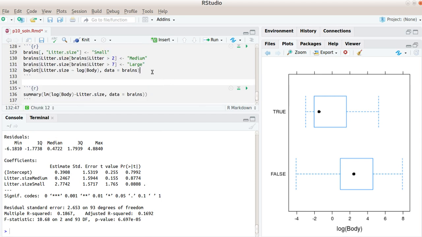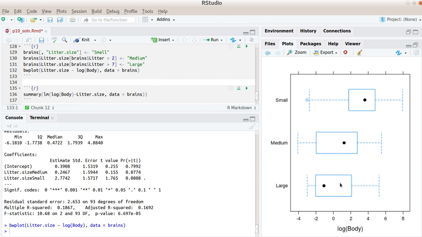Here it is, and this is approximately symmetric. There is 1 outlier here, but it's not too far away. And the widths are approximately the same, so we're fine to run the regression. So let's do that.